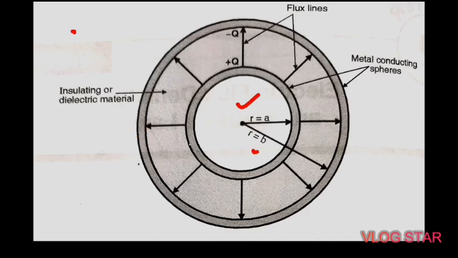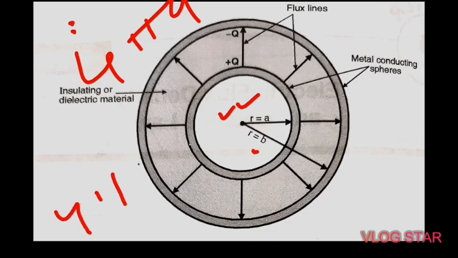For the inner sphere the area is 4 pi a square, and for the outer sphere the area is 4 pi b square. Why? Because the inner sphere has radius r equal to a, and the outer sphere has radius r equal to b.